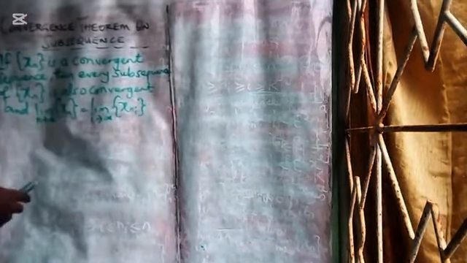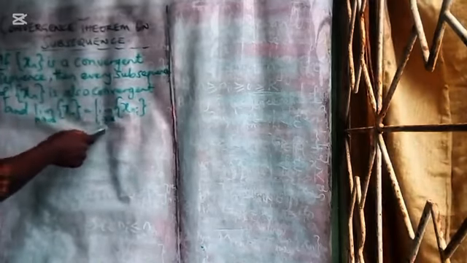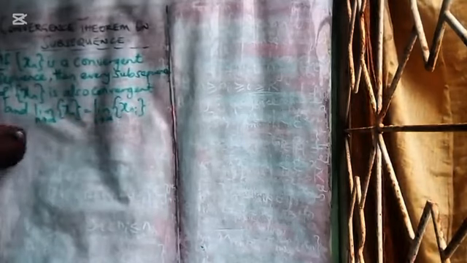The theorem states, if x of n is a convergent sequence, then every subsequence of x of n is also convergent, and the limit as n tends to infinity of x of n is equal to the limit as i tends to infinity of x of ni.